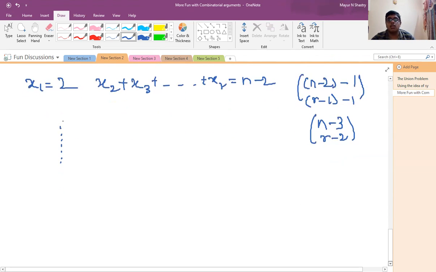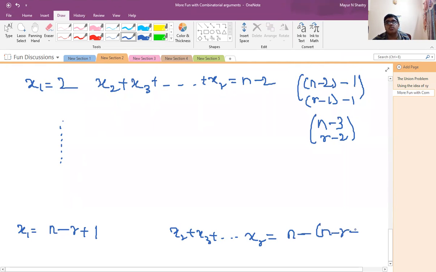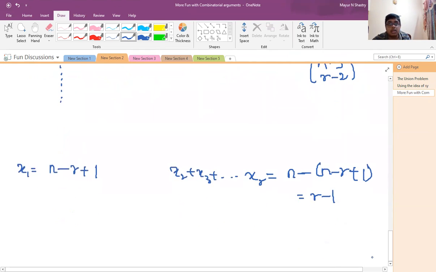Let us see. So of course, let us take x1, if possible, to be n minus r plus 1. Then what would this be? x2 plus x3 all the way up to xr. That would in fact be n minus n minus r plus 1. And that is going to give us r minus 1. But the thing is, this has to be at least r minus 1.